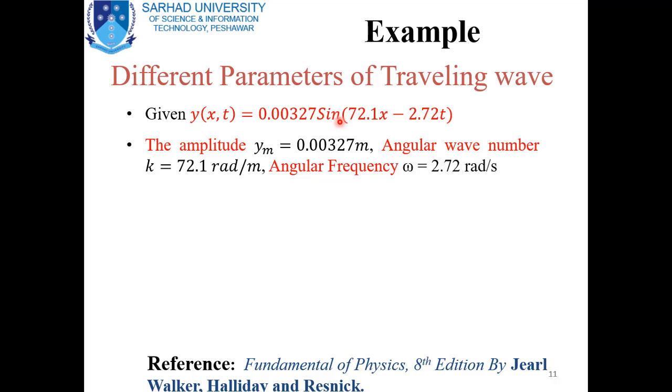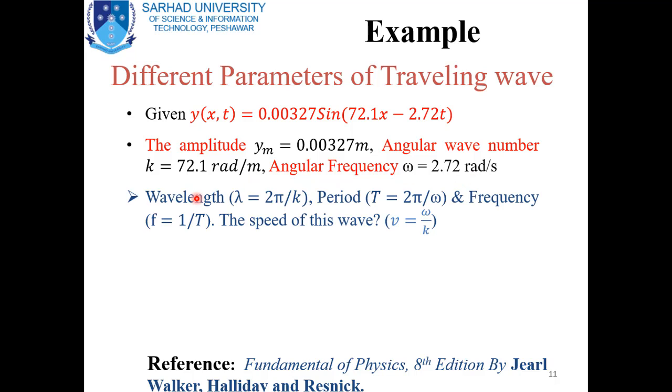And in the oscillating term, both terms together are known as the phase. So in the argument we have kx. So k is 72.1 radian per meter. We took them in standard units. And then minus omega t. So this is the angular frequency, which is equal to 2.72 radian per second.